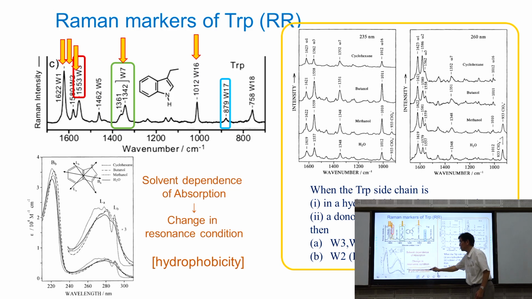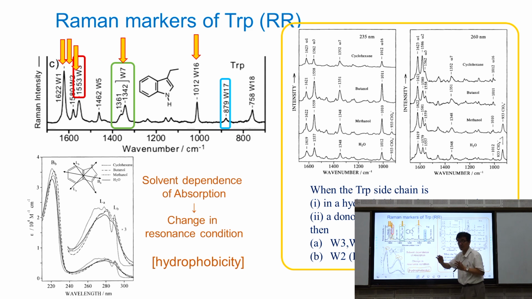hydrophobicity change, or sensitive to the change in the environment, hydrophobicity. It's because these peaks are related to certain excited states, and absorption intensity is affected by the environment. So there is a solvent dependence of the absorption.